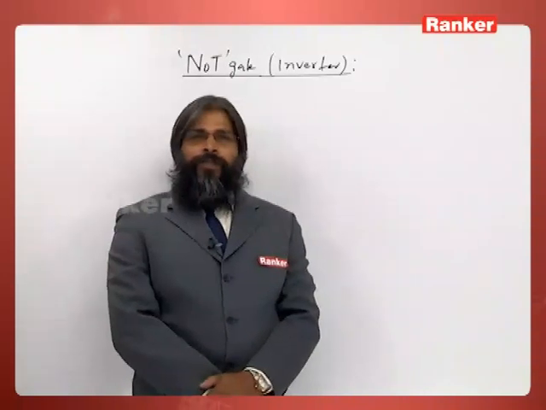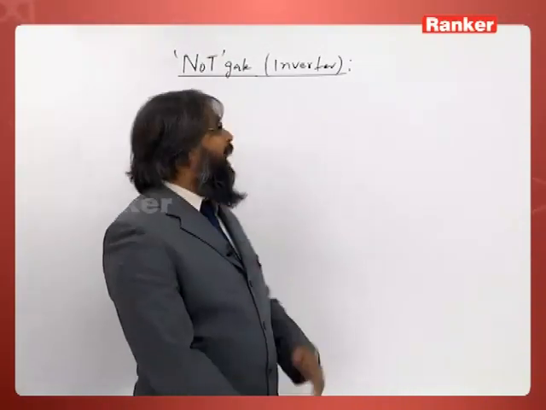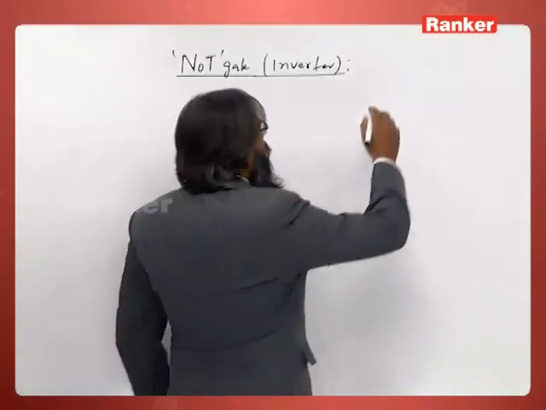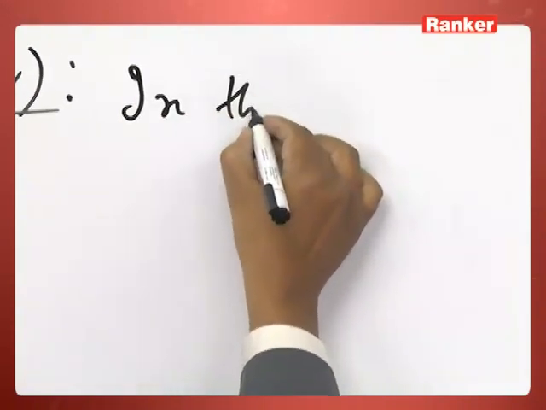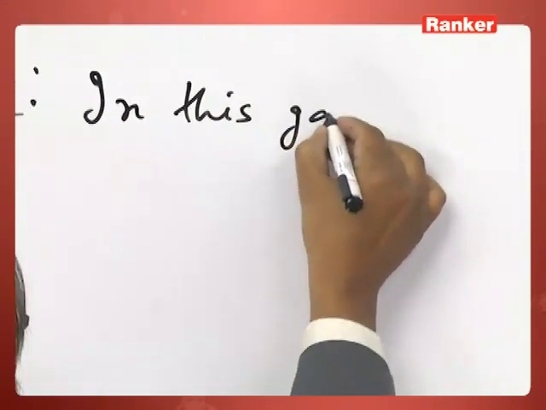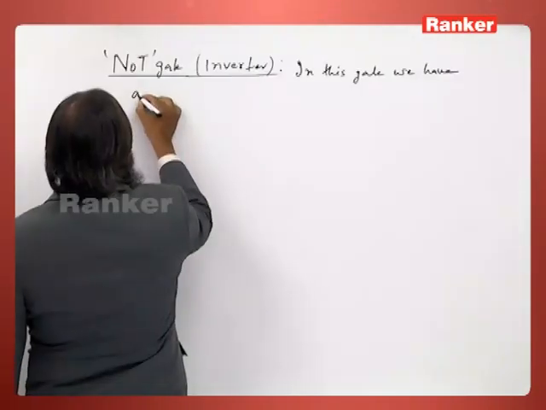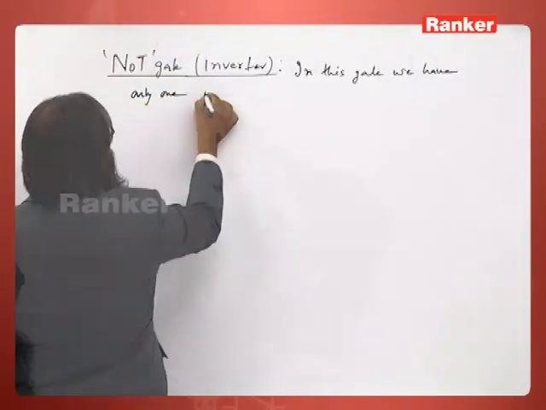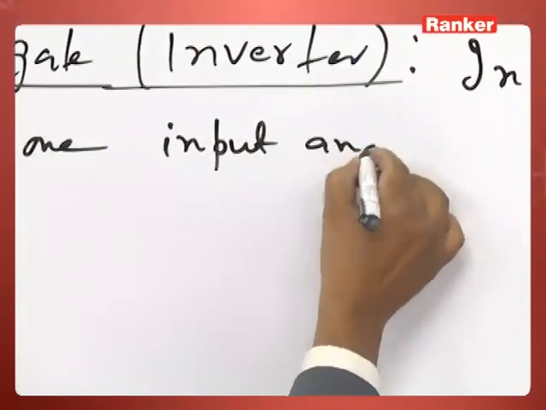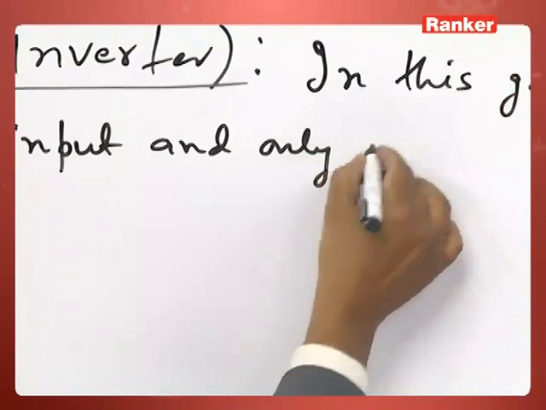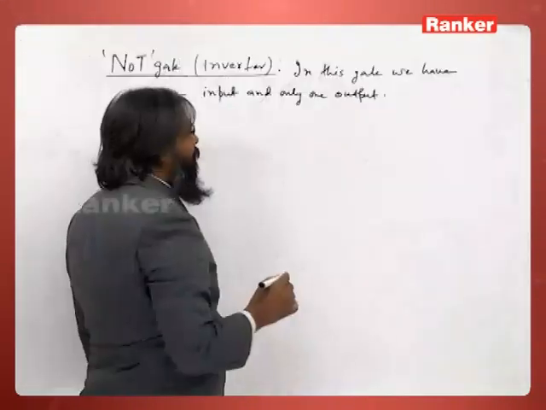So now come to NOT gate operation. It is an inverter. So in this gate we have only one input and only one output. It is the simplest of all logic gates.